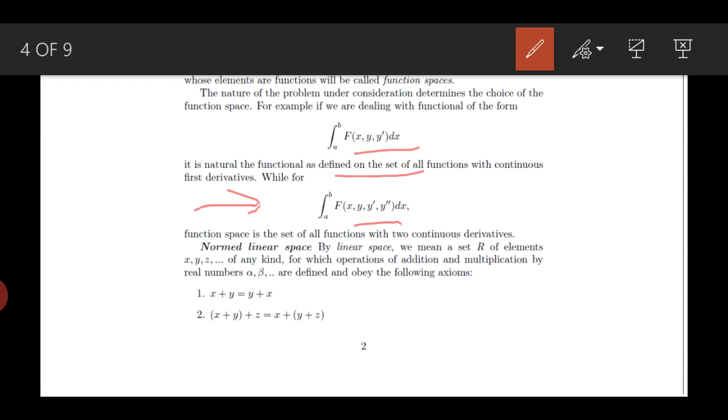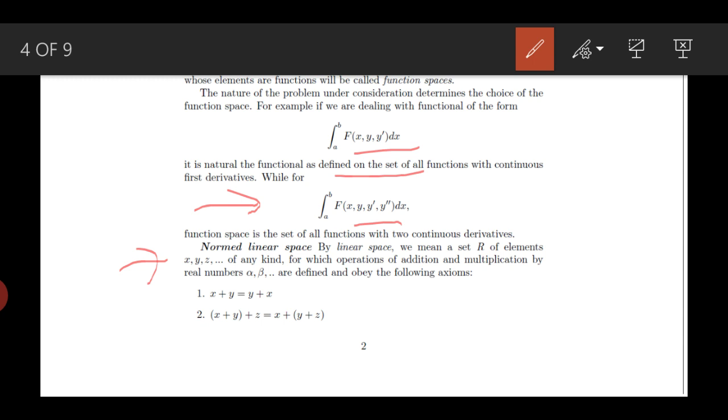Now, by saying that the space is a linear space, we mean that the set R of elements, let us suppose I denote the elements of the function space or some set x, y, z of any kind, for which you can define a multiplication by a number and the operation of addition.